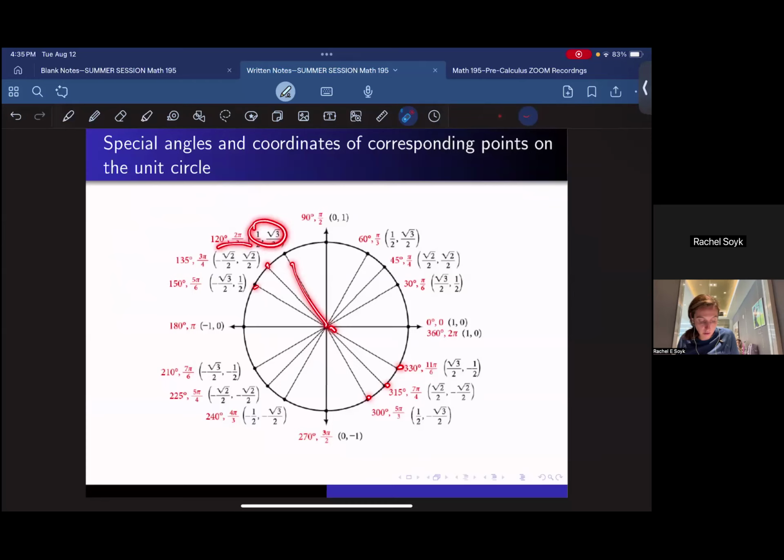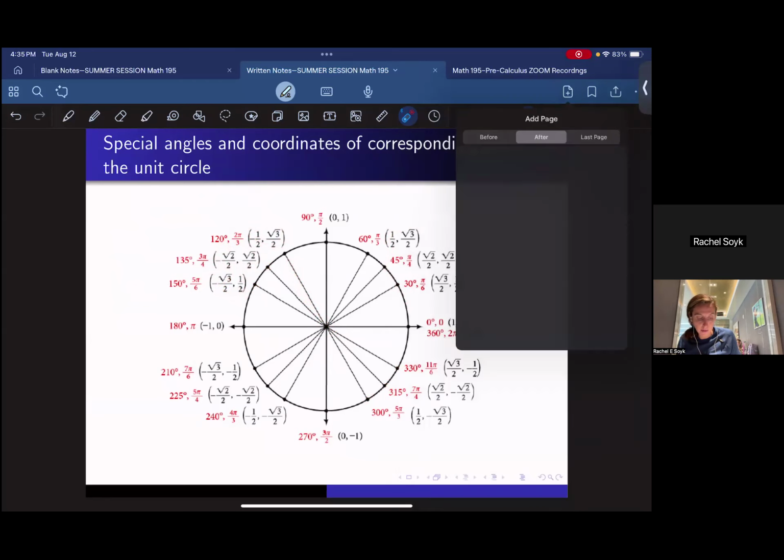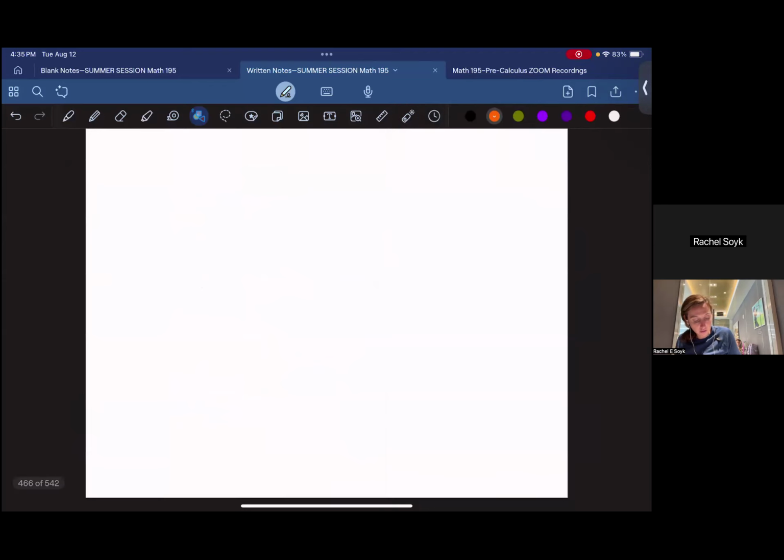All of these values are just the same, they're just negated in certain quadrants over others. And that actually brings us to maybe a slide I'll create on where our trig functions are positive versus negative.